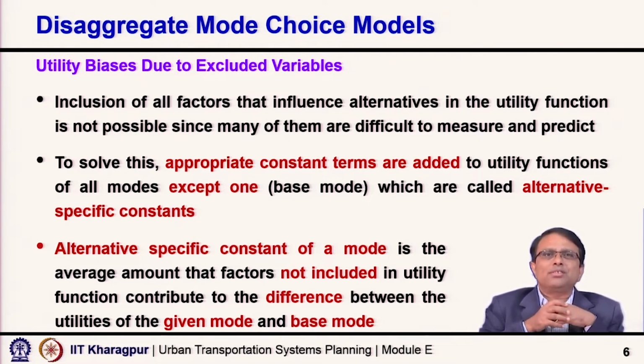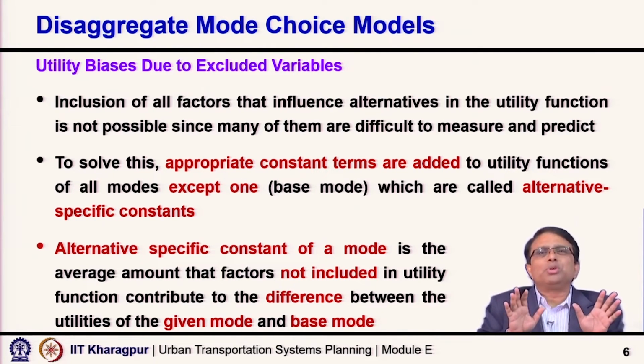To solve this, appropriate constant terms are added to the utility functions of all modes except one. It could be any one of the modes under consideration, but that mode where we will not consider the ASC, or rather it will be a 0 value of alternate specific constant there, is the base mode.